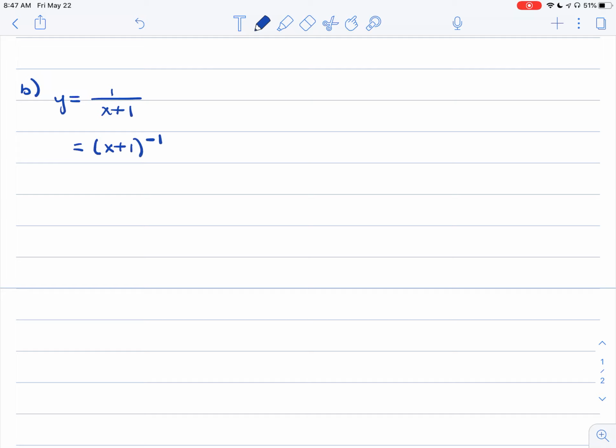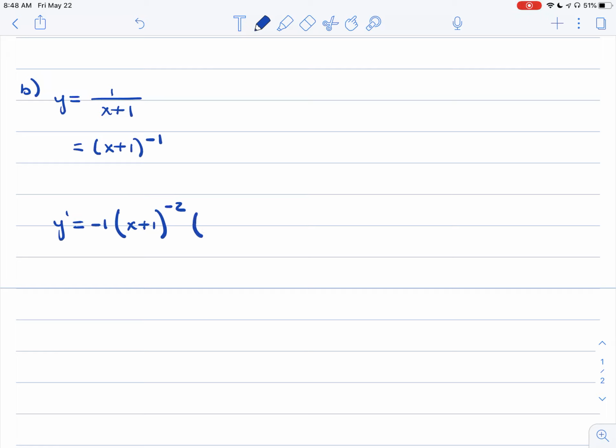All right, so now let's take our derivative. Just like the last one, we're going to start with the outside function, which in this case is our whole thing raised to the power of negative 1. So we'll just start with our power rule. So pull that negative 1 out front. We still have the same x plus 1 inside our parentheses, and then subtract 1 from the exponent.